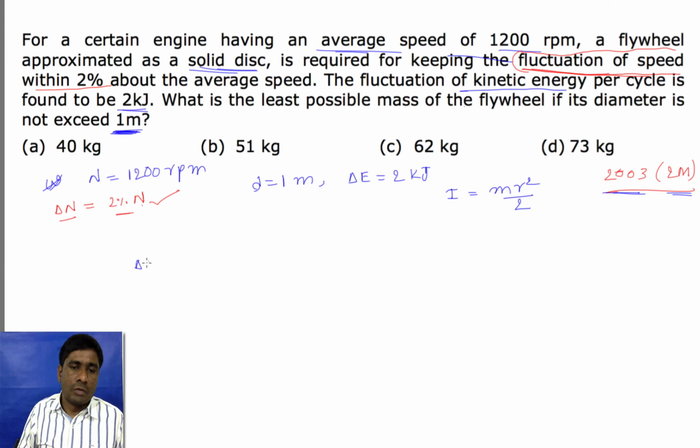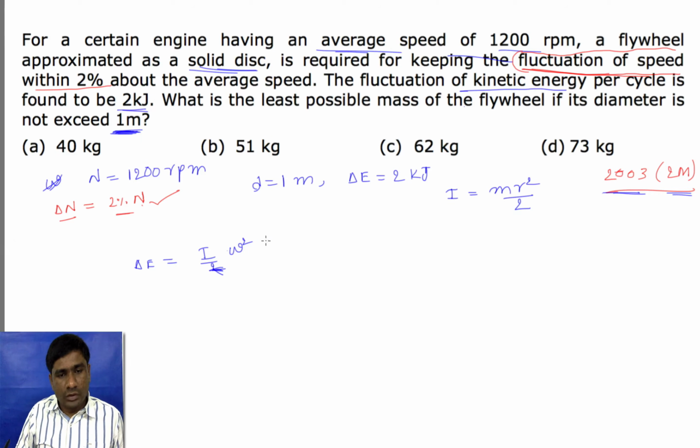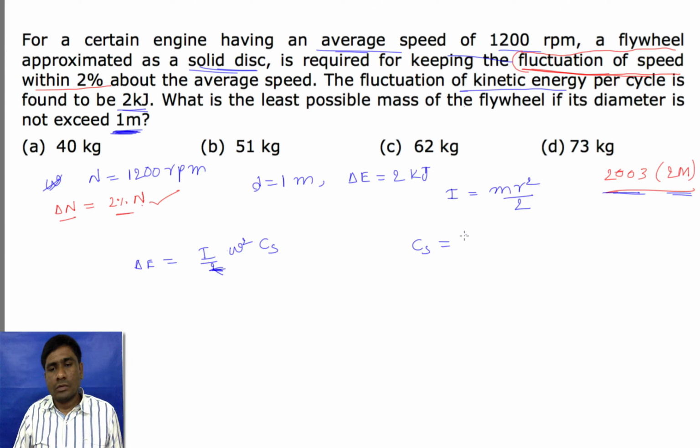So we have the formula delta E equal to I omega square into Cs, not 2 omega. So what is the Cs? Cs equal to n1 minus n2 by n1 plus n2 by 2.